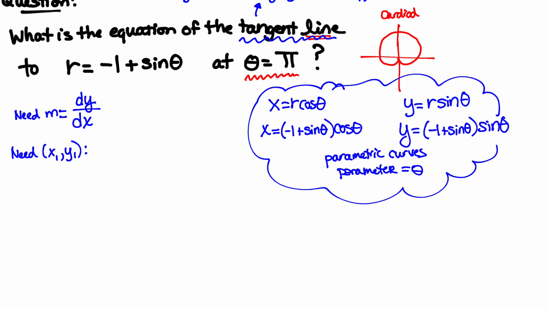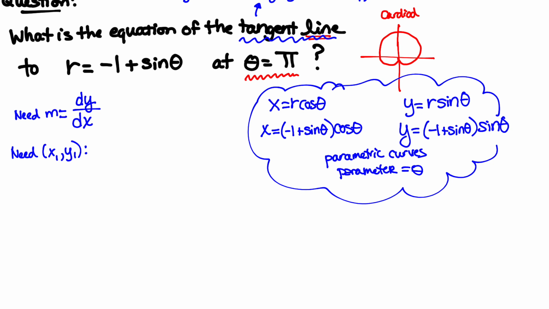dy dx. All right, Hunter, what was dy dx? Do you remember when our variable was t? It was dy dt over dx dt. Exactly. So Ethan, we're expanding our knowledge, right? Instead of t, our new parameter now is theta.